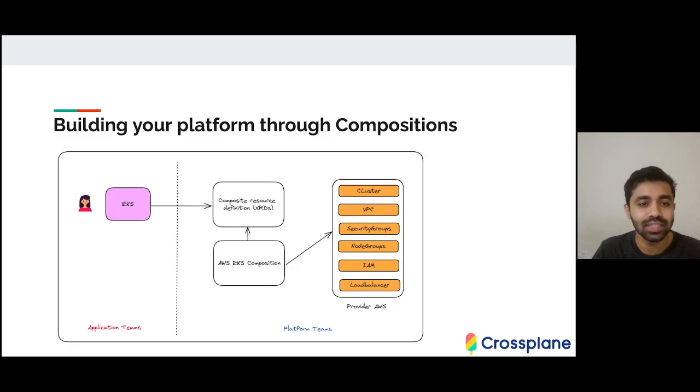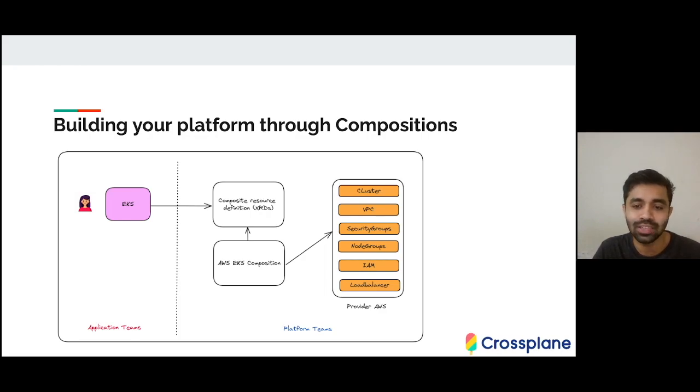Let's say we have a team that says they need an EKS cluster. What we do is we define a composite resource definition that enables a new API in the cluster. For this composite resource definition, or XRD, we define a composition in which we tell Crossplane which managed resources it should create whenever an EKS cluster object is created.